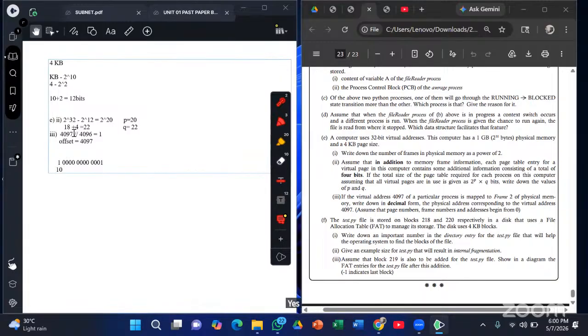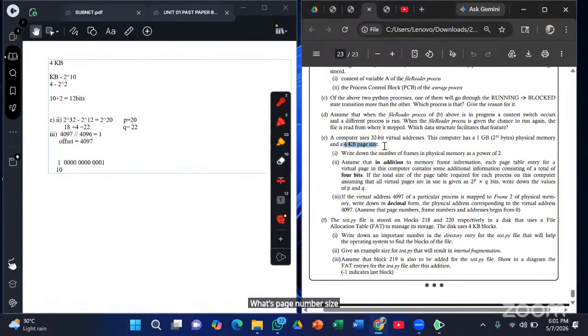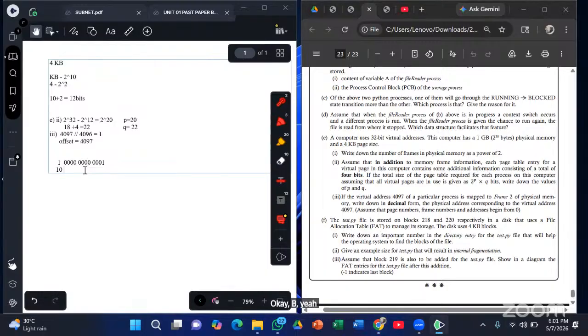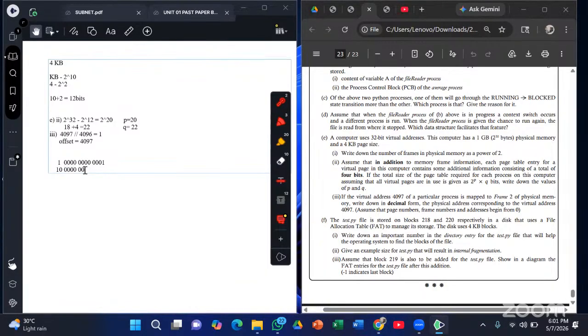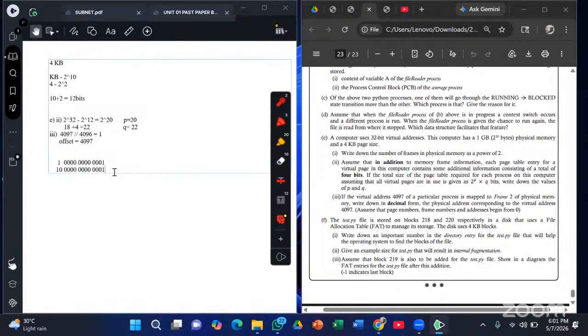This way, isn't it? 12 is the offset bits, 12 bits. The page size is 4 KB, yeah. So in virtual memory there are 12 bits, so that is the offset.